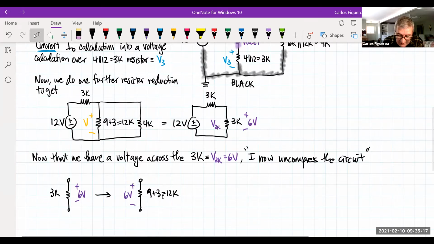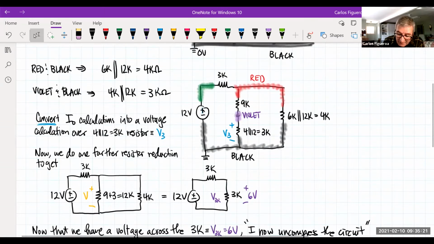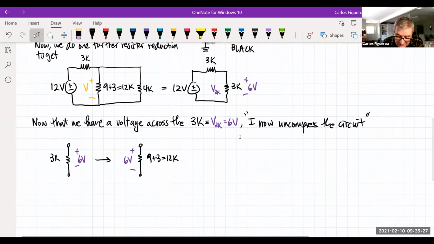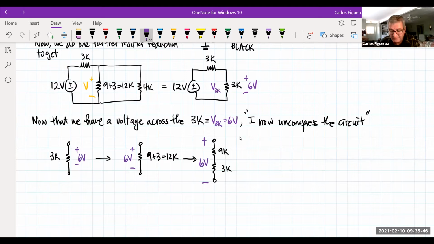But how did I get that 12K? Well, I go back here and you can see these guys were in series. So I'm going to keep going back. As I keep going back, what I find is that this is my 9K, this is my 3K, and I know that this guy is 6 volts.